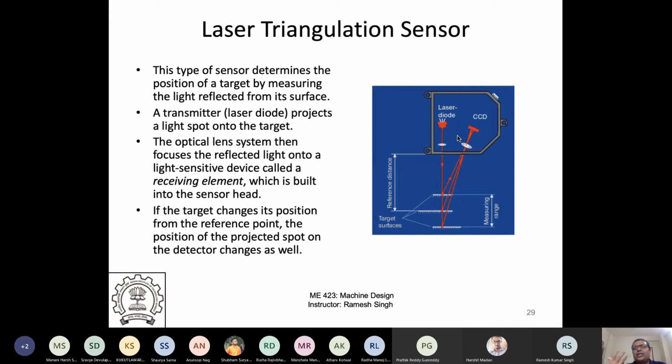That's how you know where you are. You have a reference point, and there's a finite measurement range, so you know that you are between this distance and this distance. How the light falls on the CCD will affect where exactly it has been reflected from. Okay, so this is done in the laser triangulation sensor.